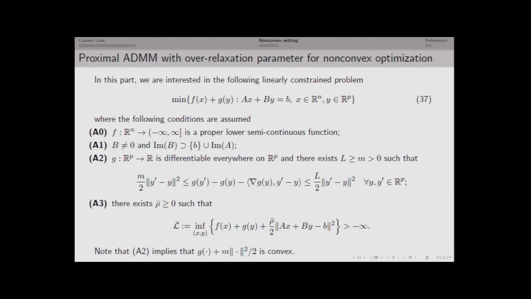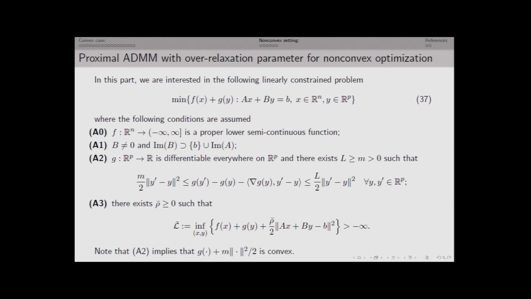So now I'm going to talk a little bit about the second part of the talk, which discusses ADMM in the non-convex case, okay? Recently, Wotawin and also many of you here have analyzed this method in the non-convex setting. So we also started to do some things in this setting, and the assumptions are similar to the ones that people have already mentioned here yesterday.